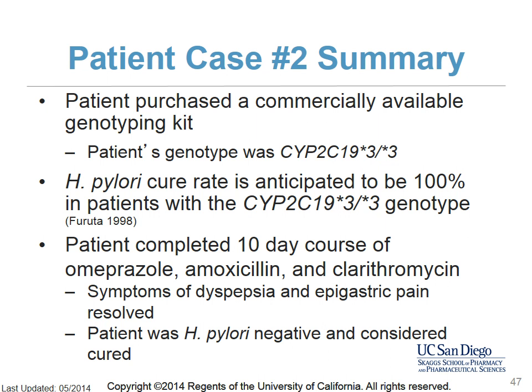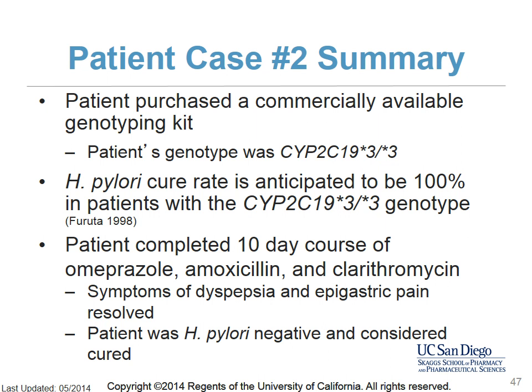Returning to the case of our 35-year-old Asian woman with peptic ulcer disease, she purchased a commercially available genotyping kit which revealed that her genotype was CYP2C19 *3*3. Her H. pylori cure rate was anticipated to be 100% based upon her genotype. Upon completion of a 10-day course of the triple drug regimen, the patient's symptoms of dyspepsia and epigastric pain resolve.